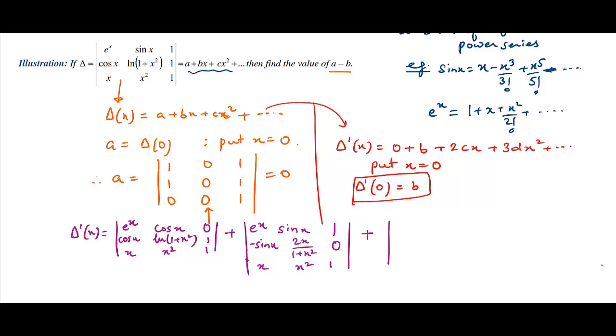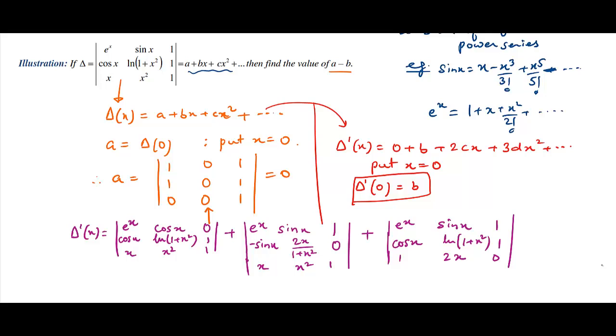Plus, now we differentiate the third row of the determinant keeping the first two the same, so you get e to the power x, sin x, 1, then cos x, ln(1 plus x square), 1, and then 1, 2x, 0.